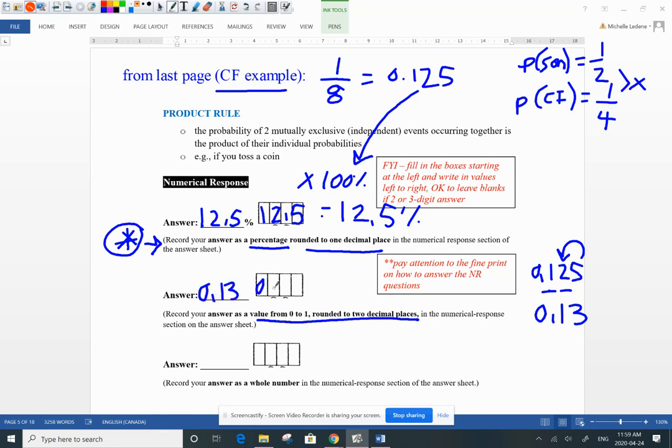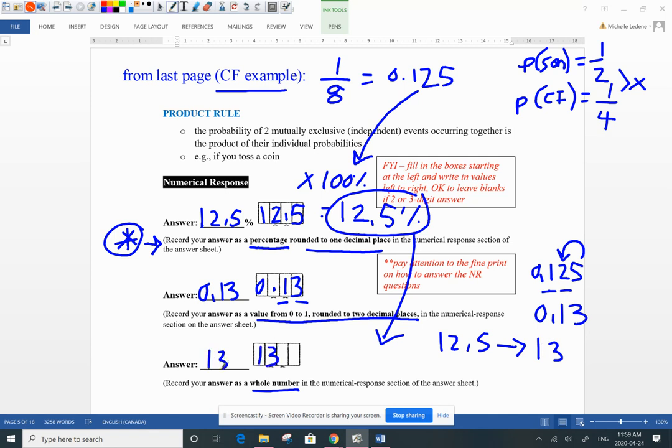I write in 0.13, just like that. Is it 2 decimal places? Yes. How would I convert this value into a whole number? Well, 12.5% is going to round up to 13. So as a whole number, it would be 13.